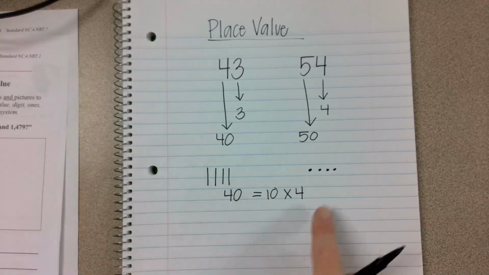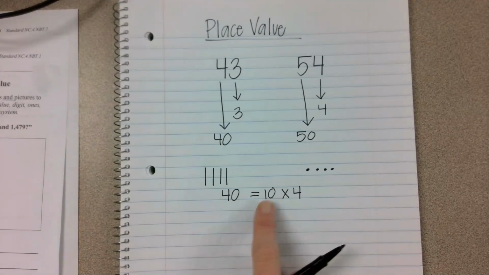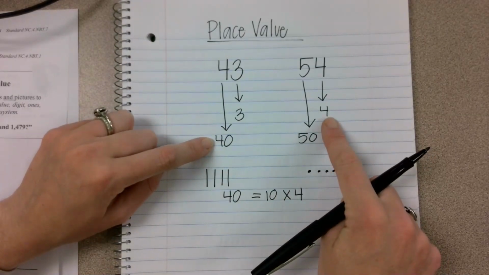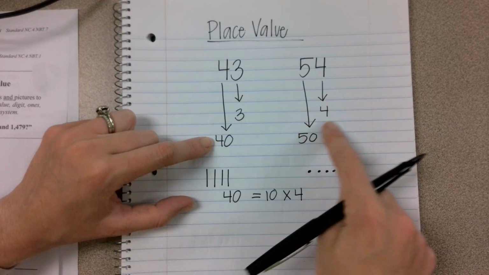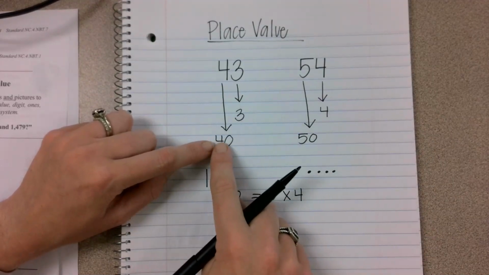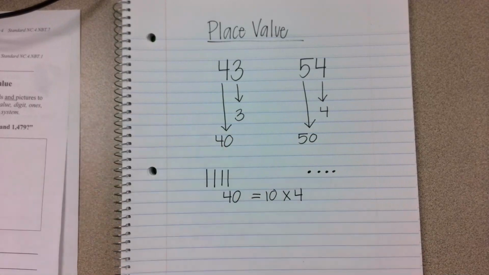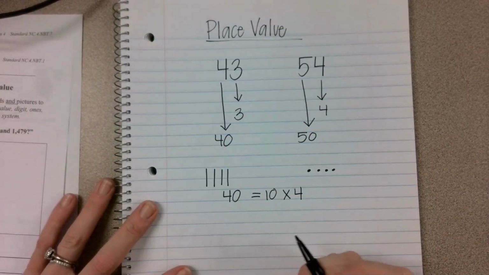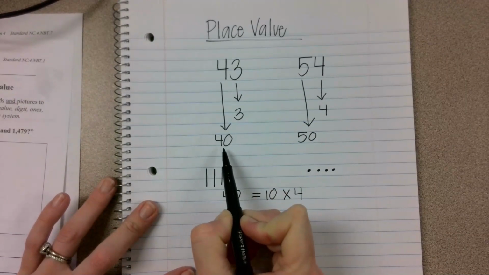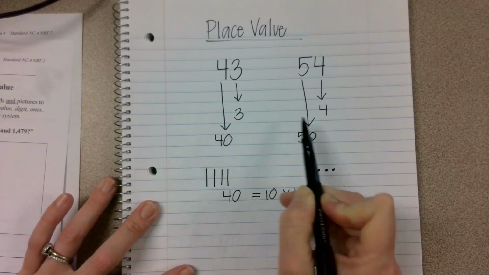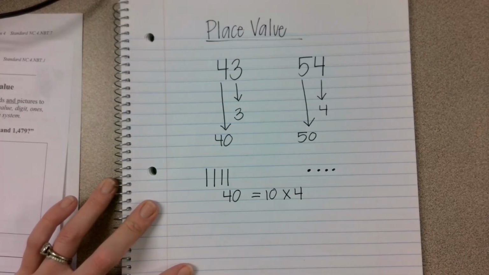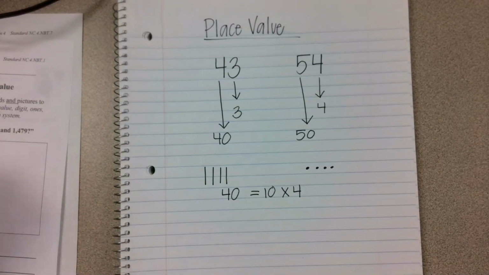So all I did is said 4 times 10 will get me that. So the value of this 4 is 10 times less than this 4. Okay? So you could say 40 is 10 times greater than 4. Okay? So we're just comparing the place value.